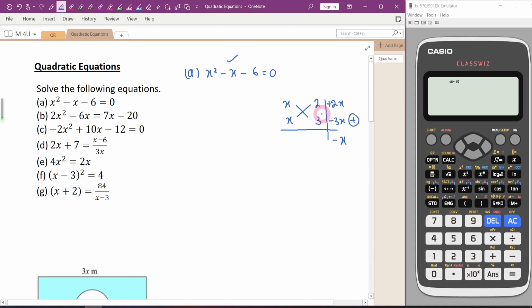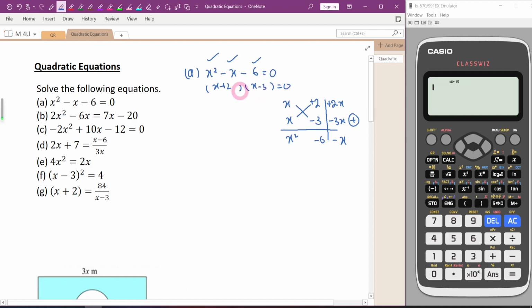Now, if the sign in front of x is positive, then it is actually very easy for us to determine the sign here. If this is positive, we just copy. This is negative, we just copy. Double check our answer. x times x, x squared. Positive 2 times negative 3, negative 6. Okay, correct. x plus 2, x minus 3.